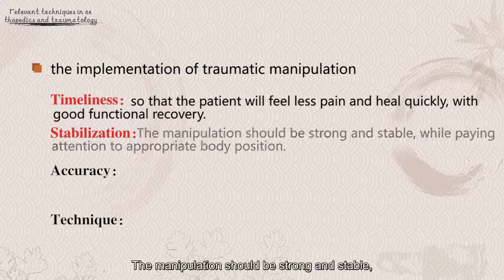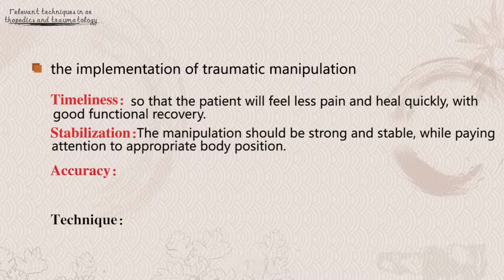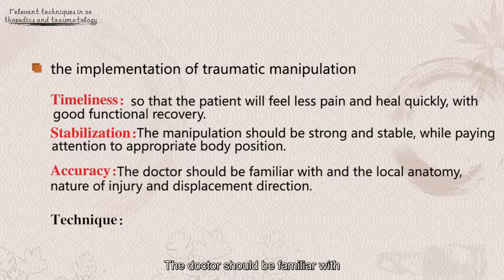Stabilization. The manipulation should be strong and stable while paying attention to appropriate body position. Accuracy. The doctor should be familiar with the local anatomy, nature of injury, and displacement direction.